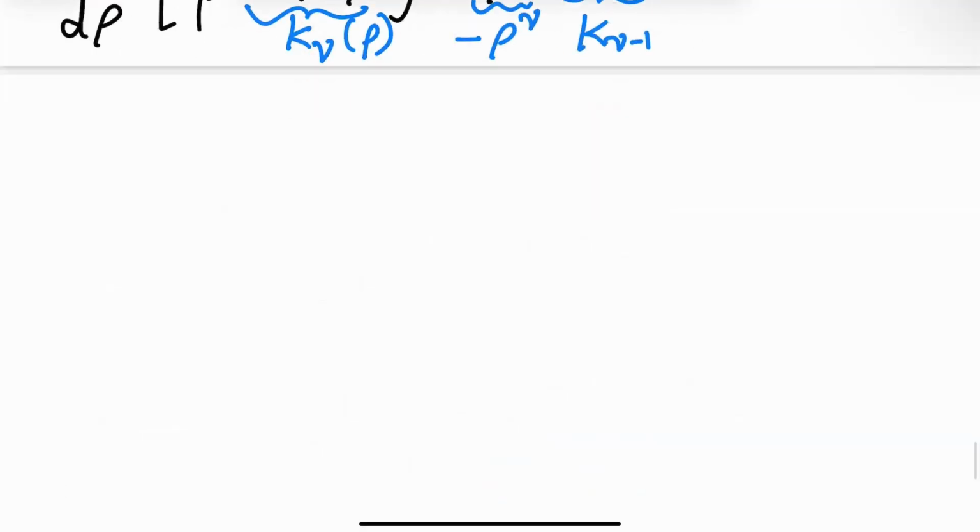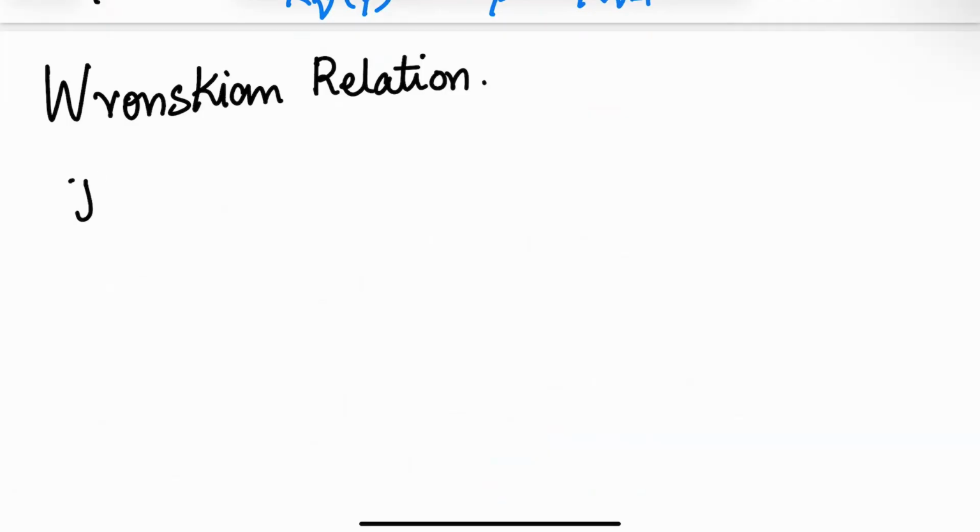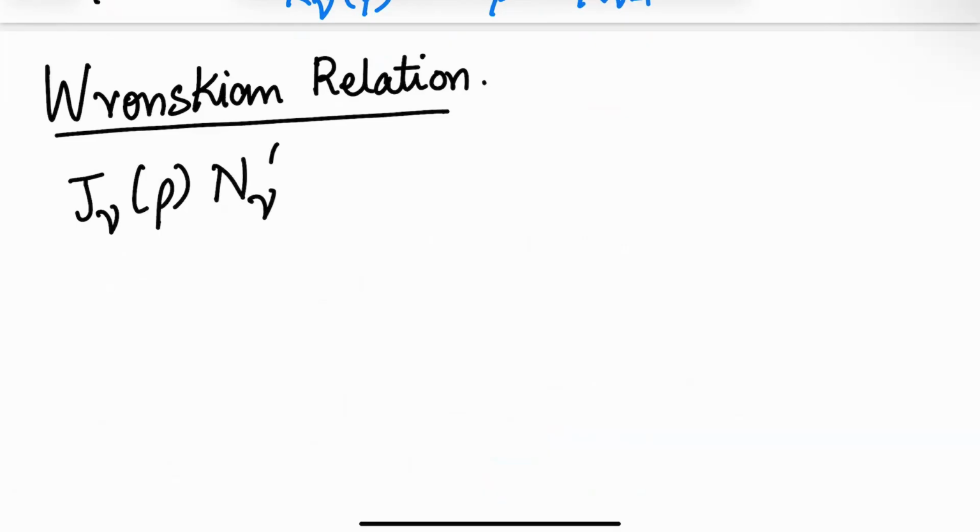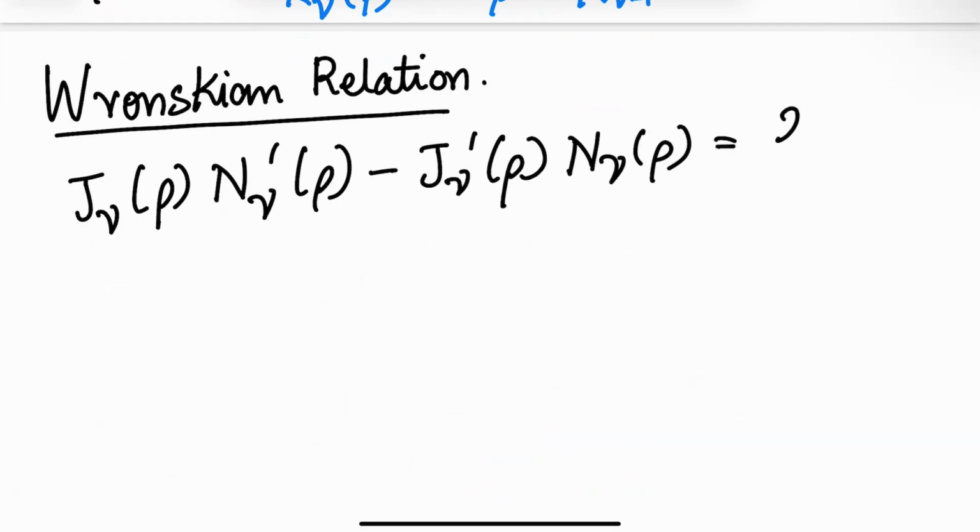Okay. So beyond the derivatives, there are also other properties. One interesting property is called the Wronskian relation, which is actually quite useful. J_ν(ρ) N_ν'(ρ) - J_ν'(ρ) N_ν(ρ) = 2/(πρ), where the primes represent derivative with respect to ρ.